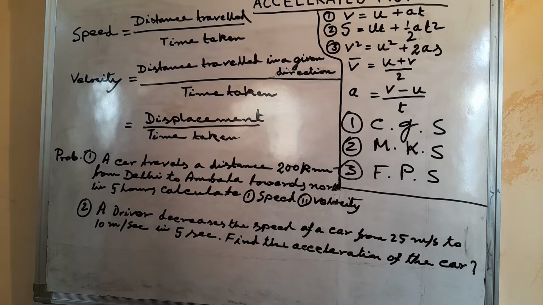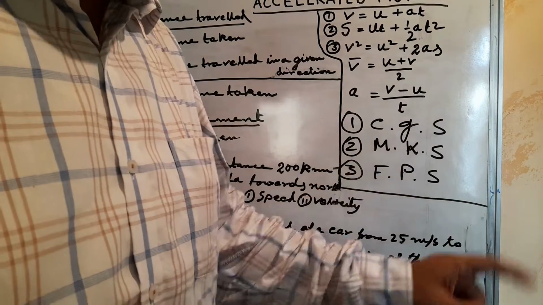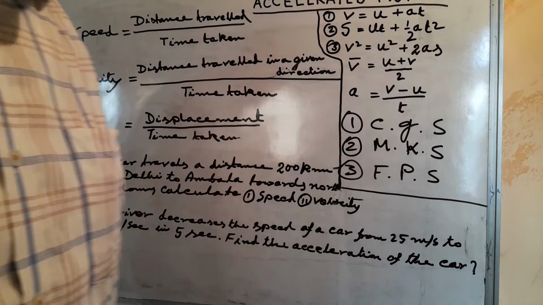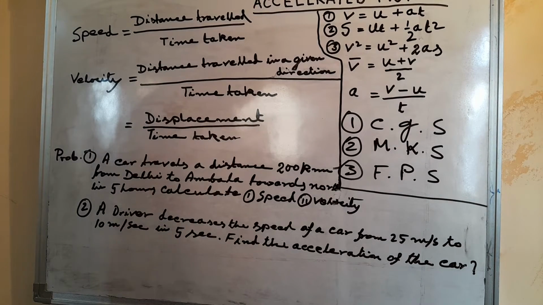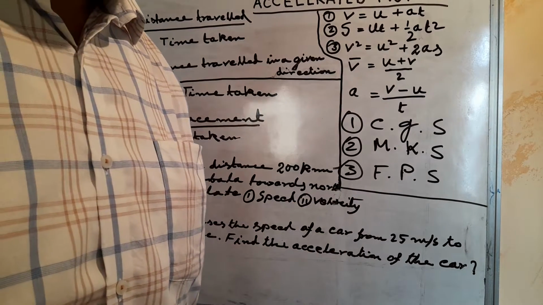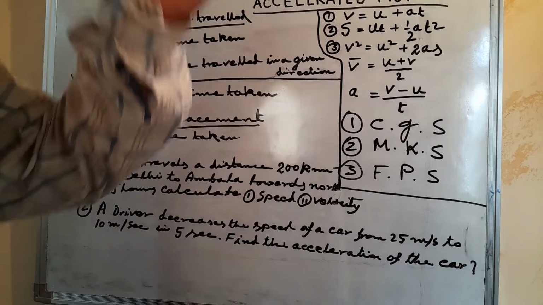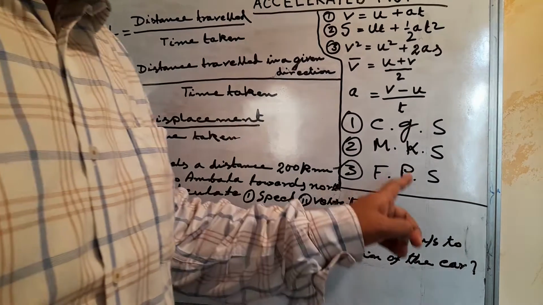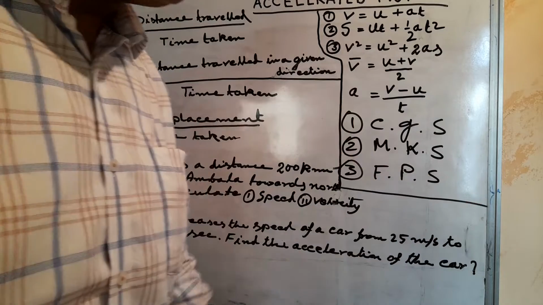The second is the MKS unit: meter, kilogram, second. And third is the FPS unit: F is foot, P is pound, and S is second.